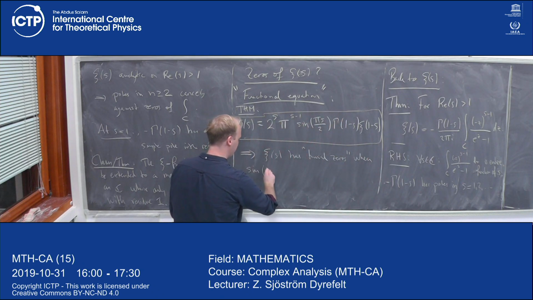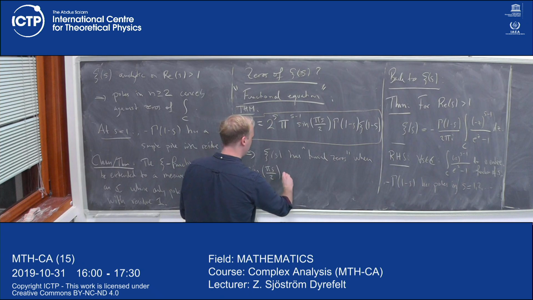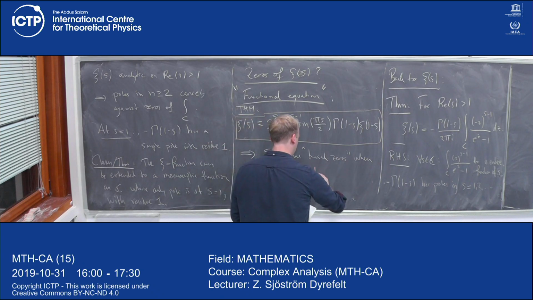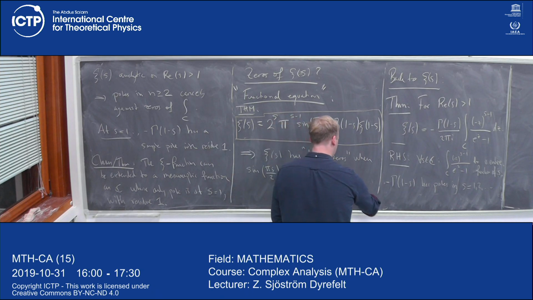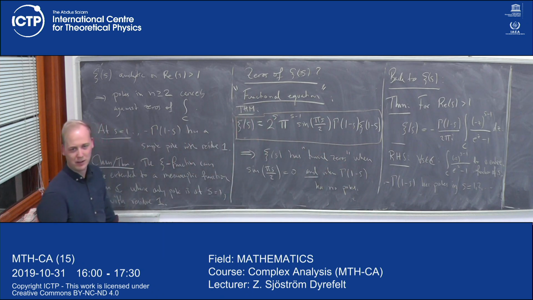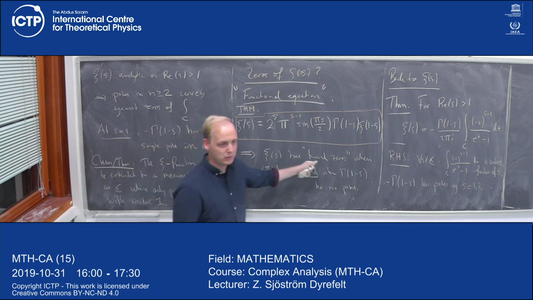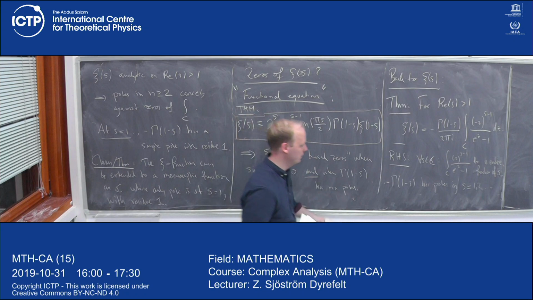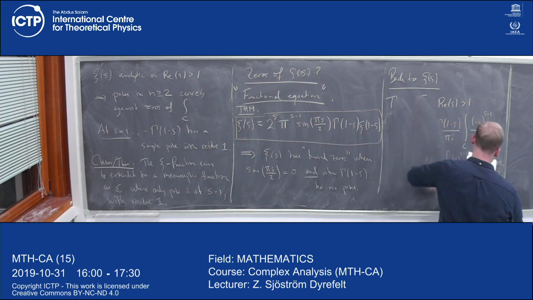So it's when sin(πs/2) is 0, but also when simultaneously Γ(1 − s) has no poles, right? Because if it has poles, we don't really know what is going on. These are what we want to call trivial zeros, so this cannot be called trivial if we want to see what happens with the balance between zeros and poles.